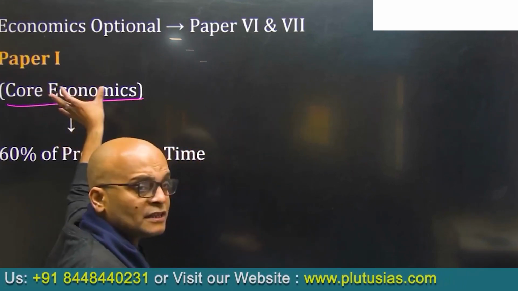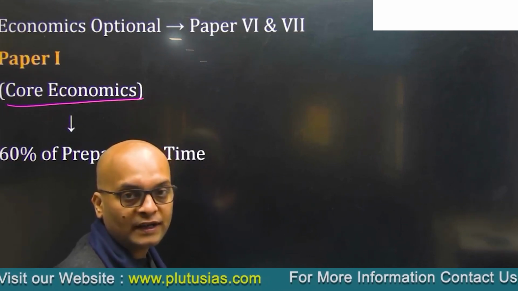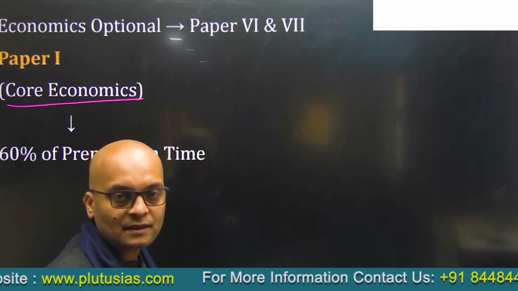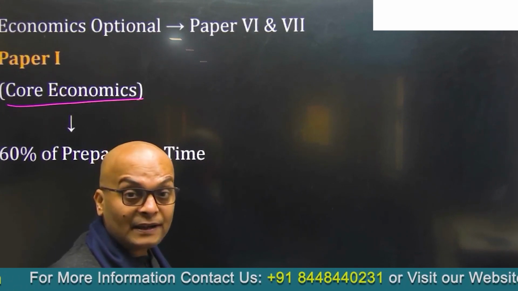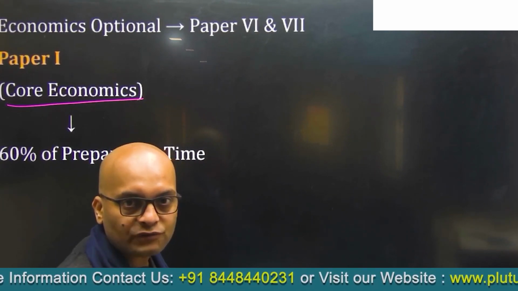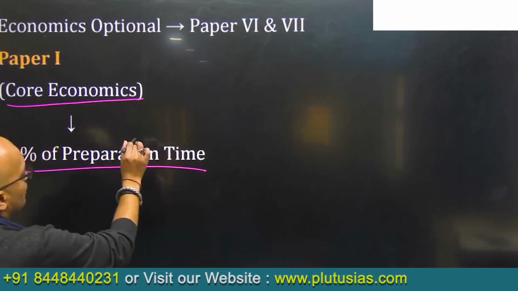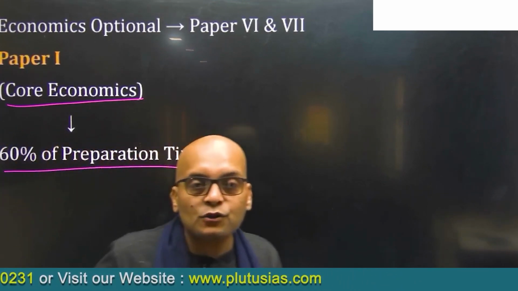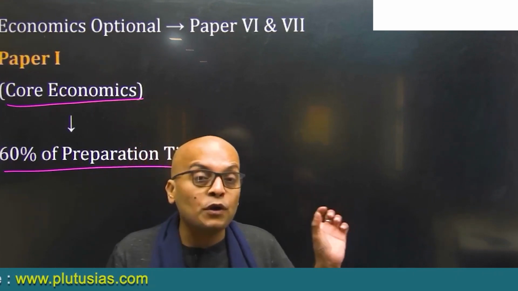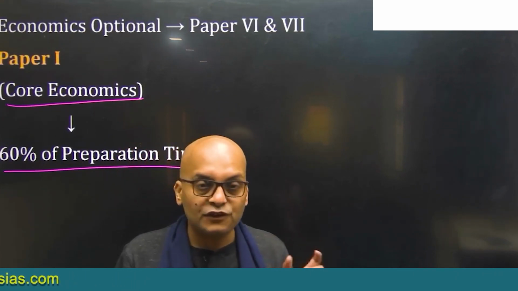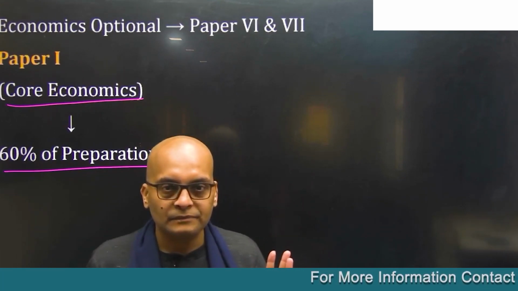Paper 1 is core economics, direct principles of economics, which they call advanced economics in the UPSC syllabus. Once you take economics optional, we will go through them and do a detailed analysis. 60% of your preparation time will be dedicated to this only. Core economics concepts, theoretical in nature and graph-based, so just concept clarity is required.